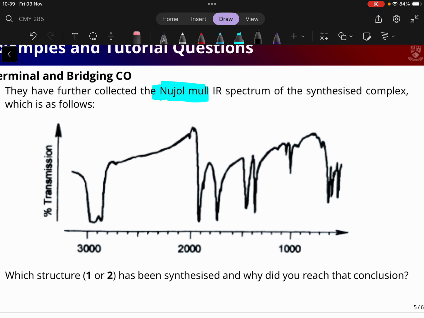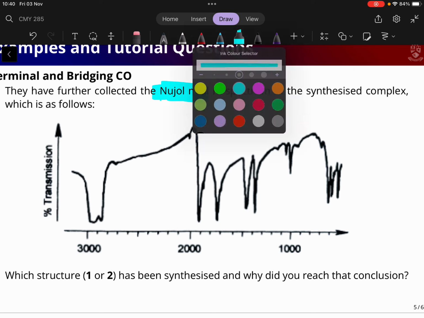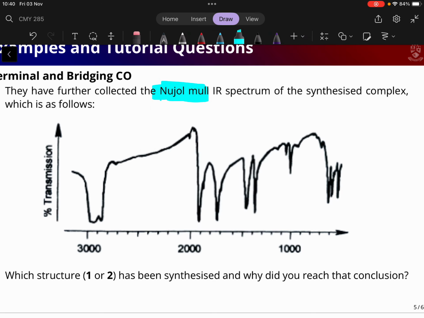The next thing is to figure out which of these peaks would typically give rise to a terminal versus a bridging carbonyl ligand. So I think we start with the Nujol. If you look at any Nujol spectrum, you'll see that it gives rise to this peak and these 2 peaks. Those are the ones that we need to ignore.